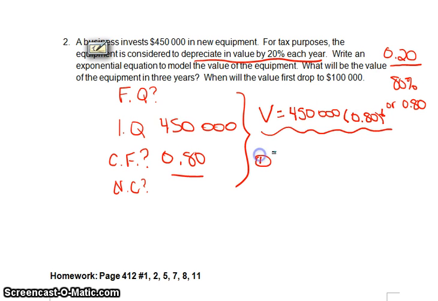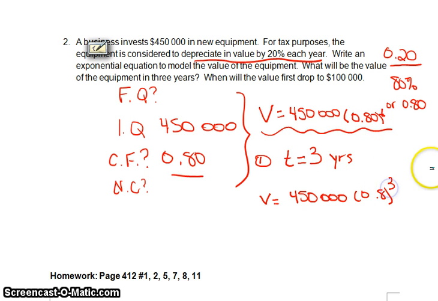From there, our first one says, what will the value be of the equipment in 3 years? So this one is talking about your time. So time is equal to 3 years. We're looking for our value. So we have 450,000 times 0.8 to the power of, and here we're going to substitute in 3.